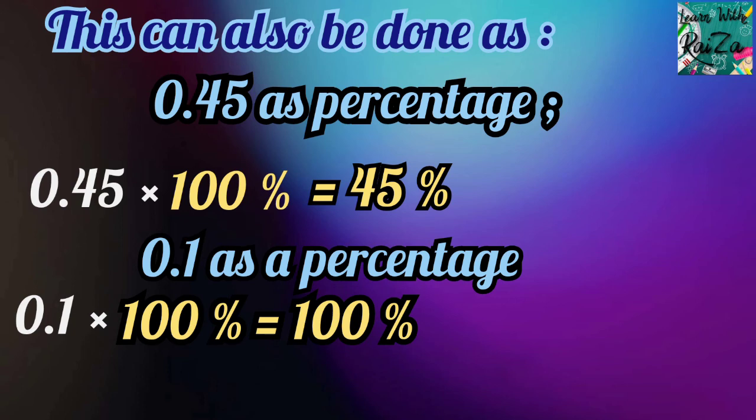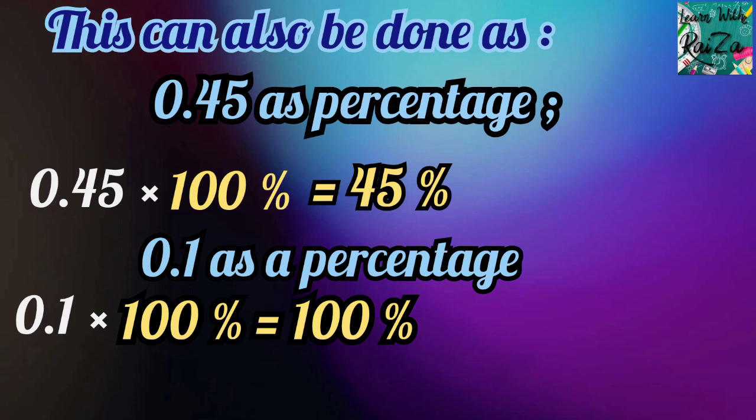Right, this is the second method. For example, 0.45. So first of all, without writing this as a fraction, multiply it by 100%. Then directly it gets converted to percentage. So when you multiply 0.45 by 100, then what happens? The decimal moves 2 places to the right because 100 has 2 zeros. So 0.45 into 100 will give 45%. Likewise, 0.1.